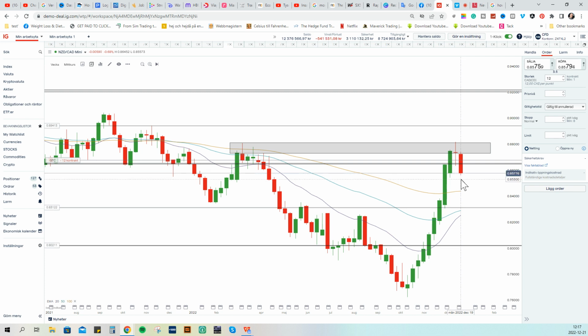And the rule for this pattern to be an evening star is that the third bar must close at or below 50% of this green body in this area here.